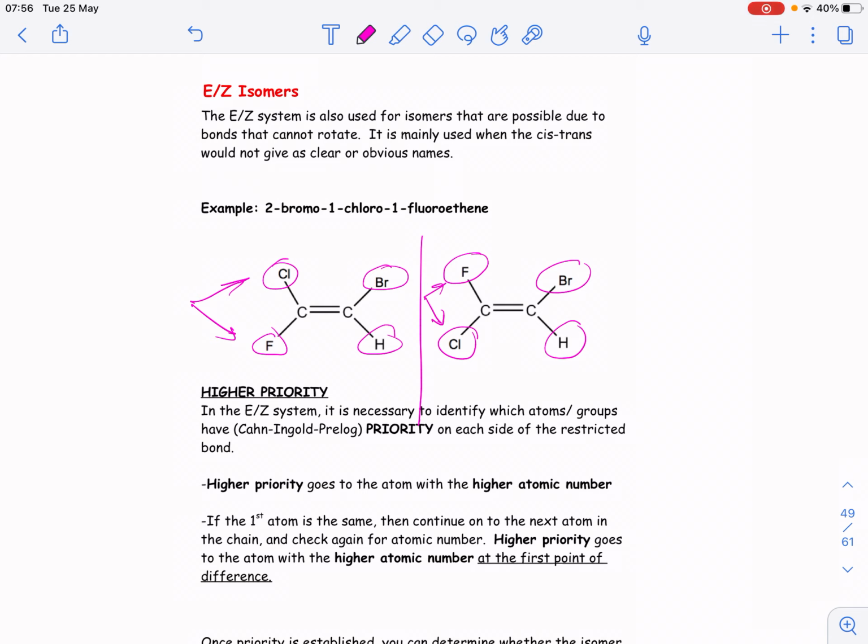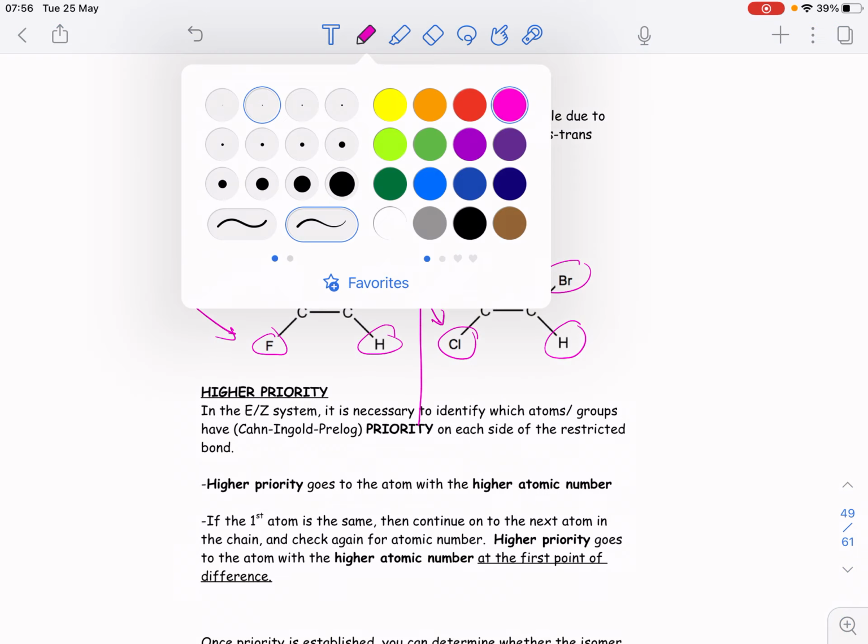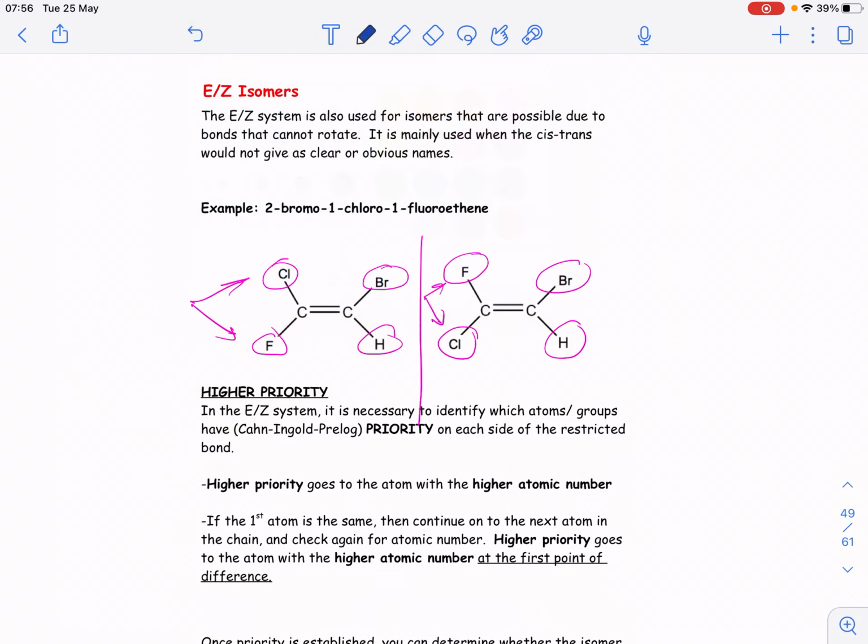But how would I describe them in cis-trans? They're all different. It's hard to tell you what's on the same side and what's across from each other. So in this system, we have to assign priority to the atoms. And it's really simple. Higher priority goes to higher atomic number. So of the 2, the chlorine is a higher priority, the fluorine is a lower priority on that left carbon atom.